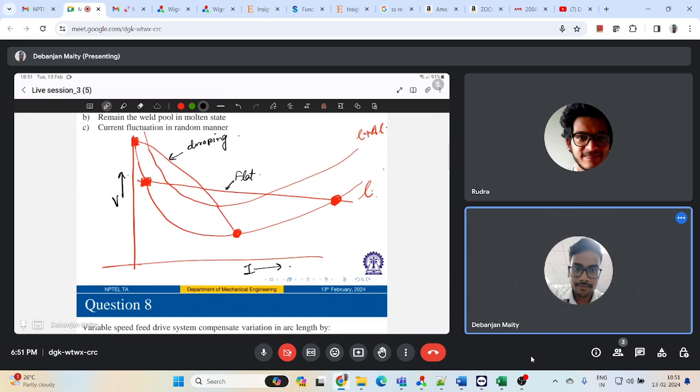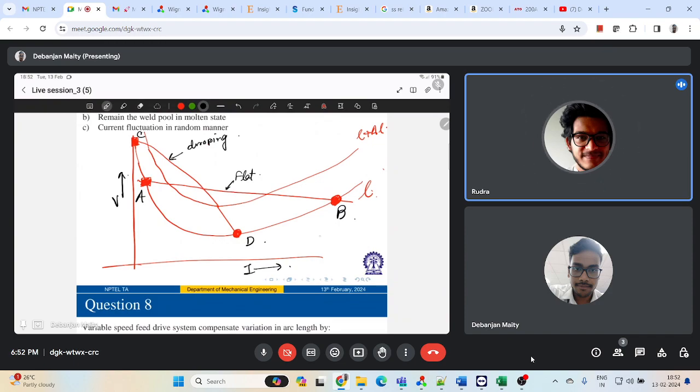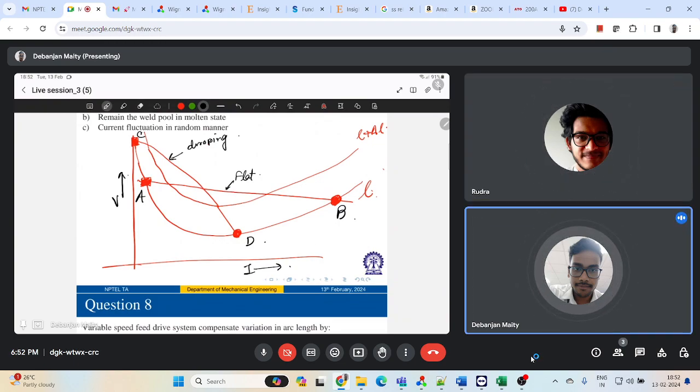Now, let's say this is point A, this is point B, this is point C, this is point D. Now the curve AB represents a flat characteristic, constant current.